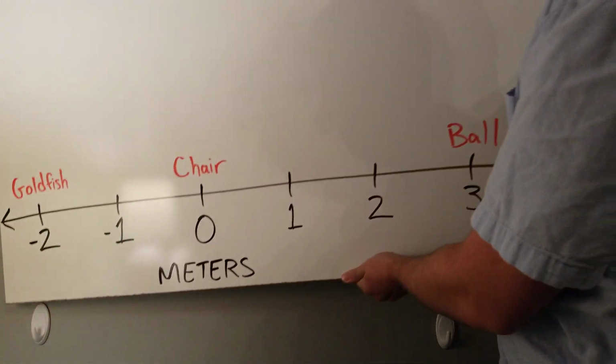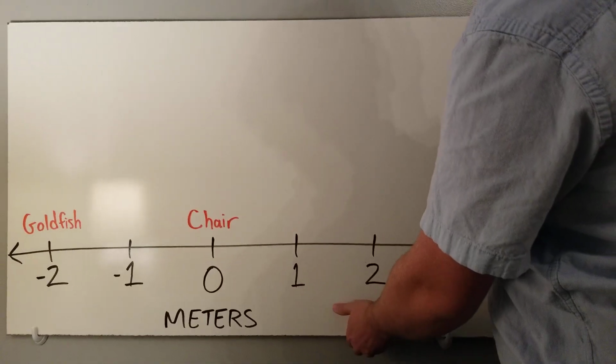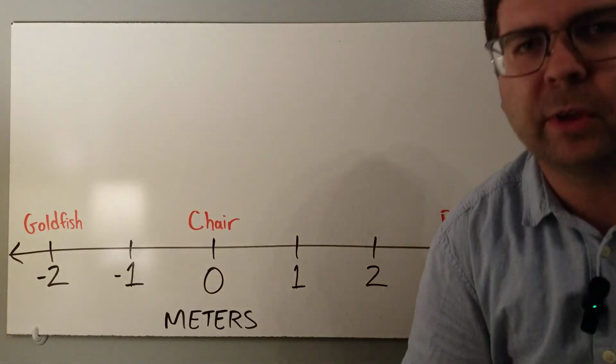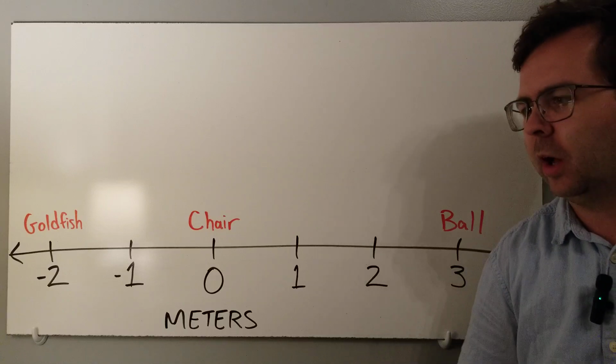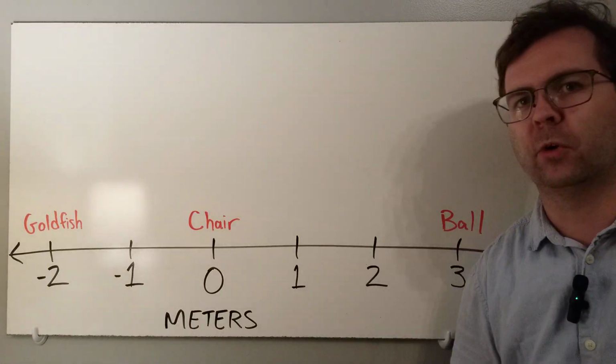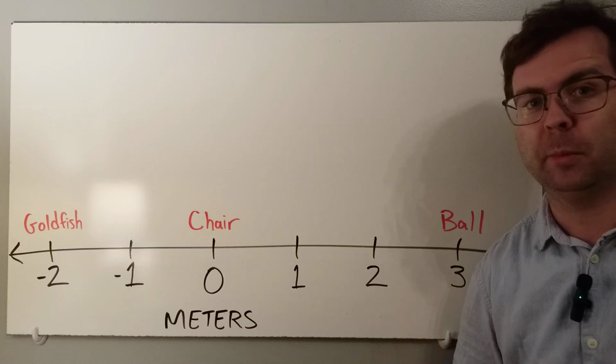Another example of a vector is position. Let's say I've got a number line here, and this number line represents the number of meters between different locations. Let's say that you've been talking with a girl, and this girl is just a babe.